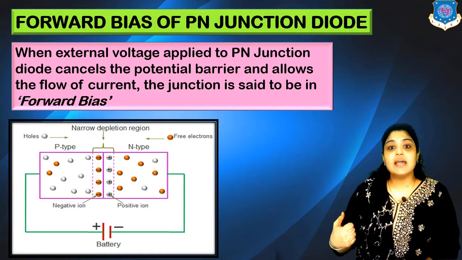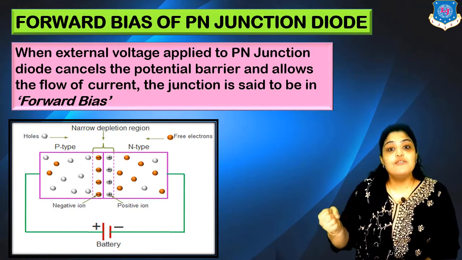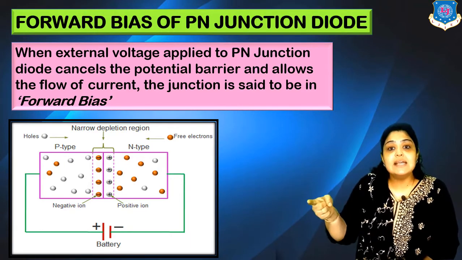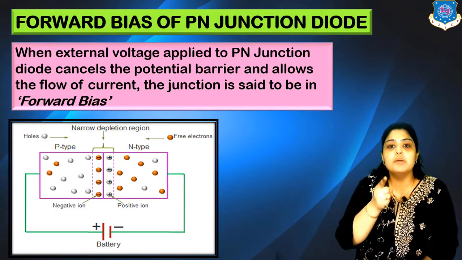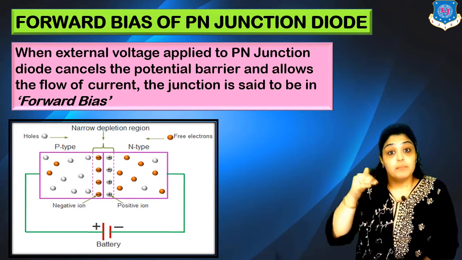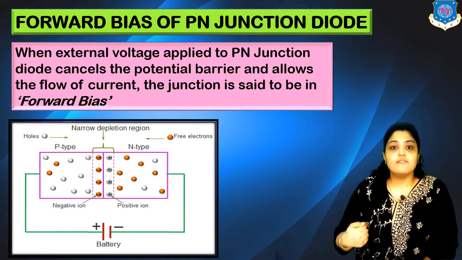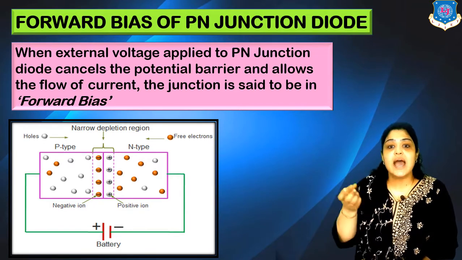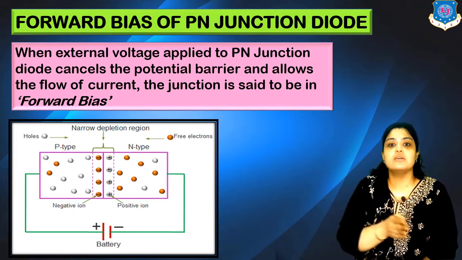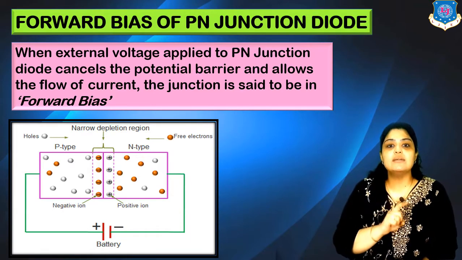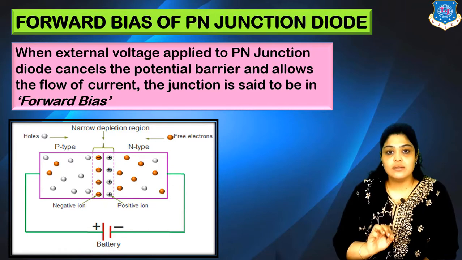In this case, what is happening? The negative side will apply force to the electrons, and these electrons will now overcome the potential barrier. Because of the external voltage we are giving, the electrons gain energy and have sufficient energy to cross the junction so that you get a continuous flow of current.